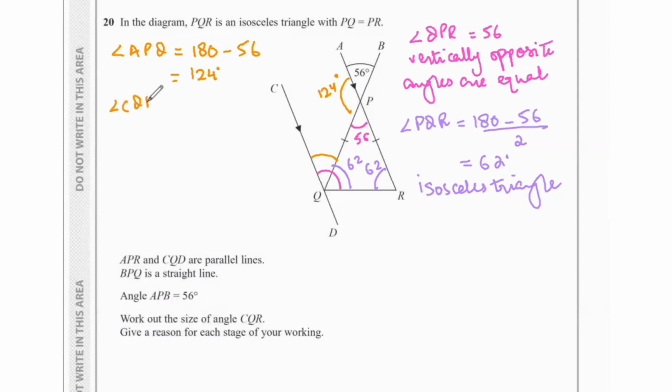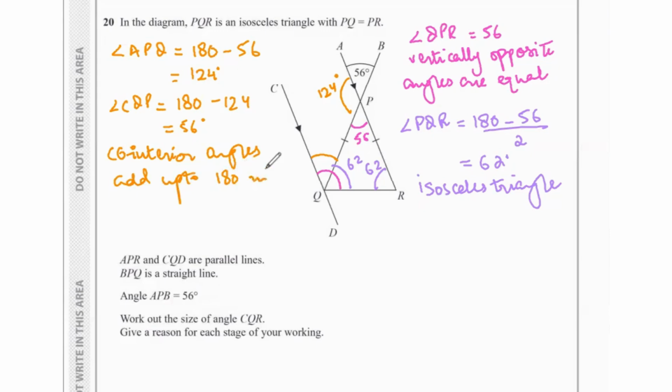Angle CQP is going to be 180 minus 124, which is again 56, because co-interior angles add up to 180 in parallel lines. And for this, the reason was supplementary angles.